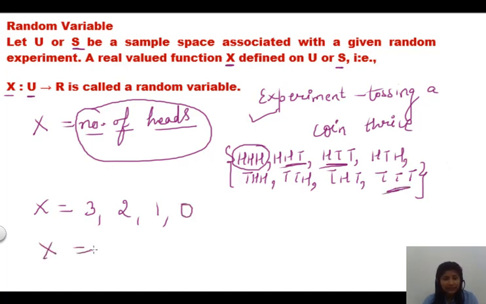So x can take the values as 0, 1, 2 and 3. These are the values that this random variable can take up. So this is how we define a random variable in probability. It is defined on any random experiment that we are performing, and it will show number of heads, number of tails as according to this particular example.